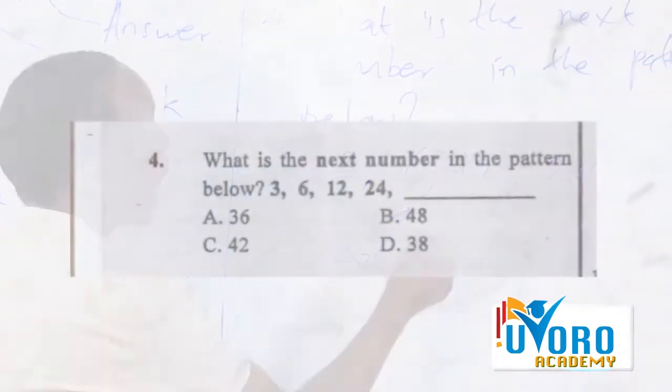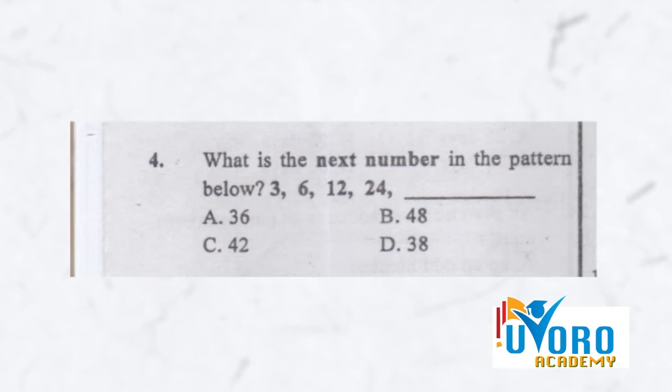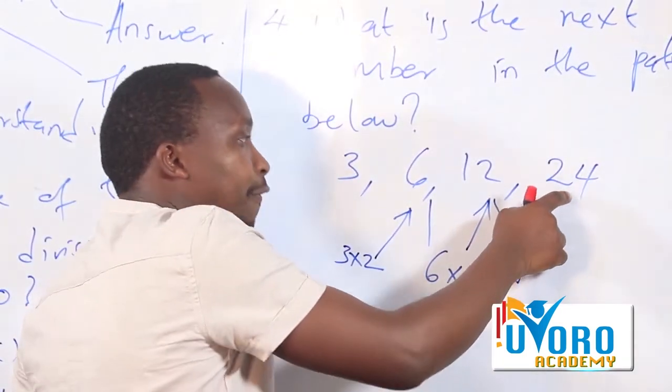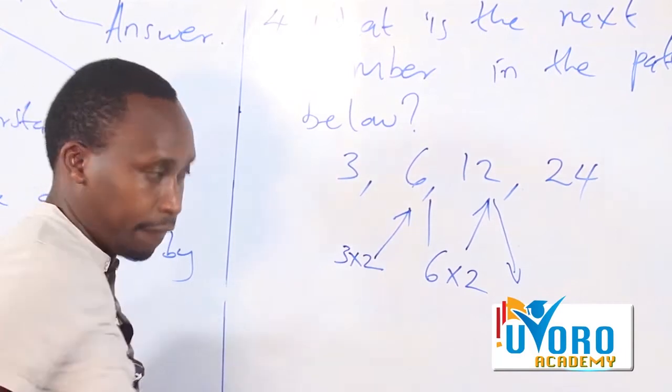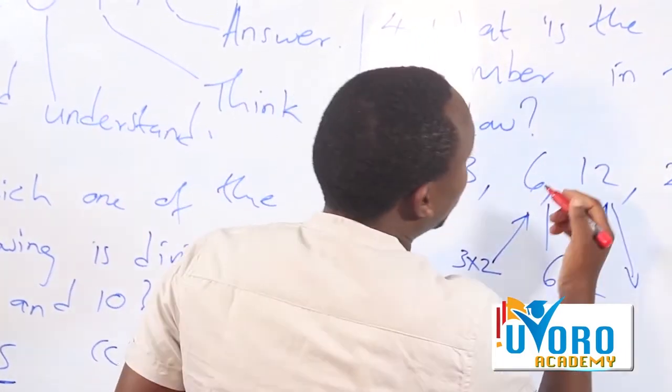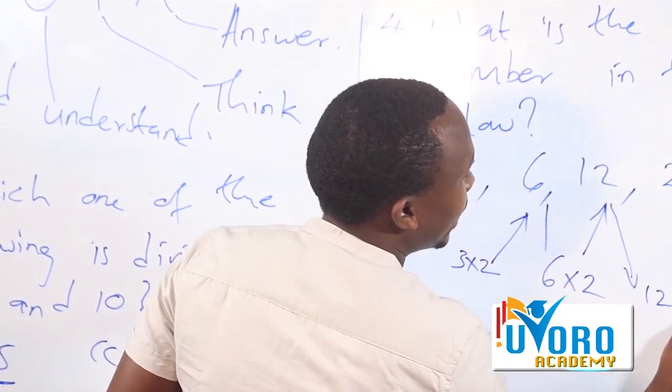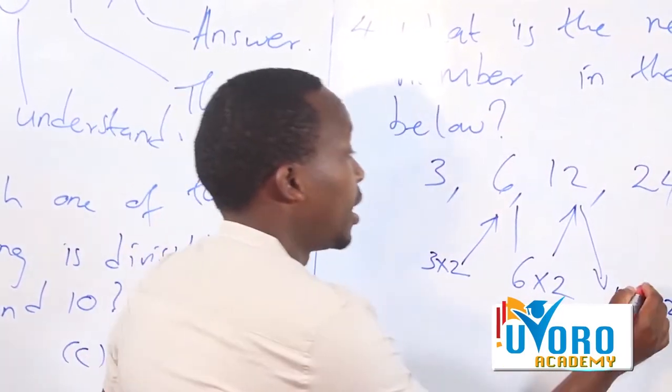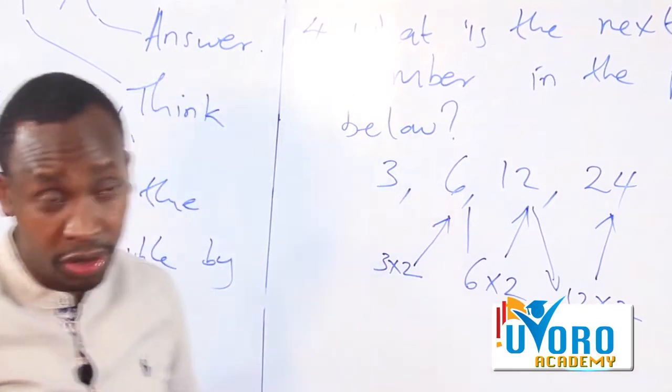Very good. They also have multiplied 6 times 2 to give us 12. What have they done now to 24 from 12? They have also multiplied by 2. That is 12 times 2 to give us 24. Are we together?